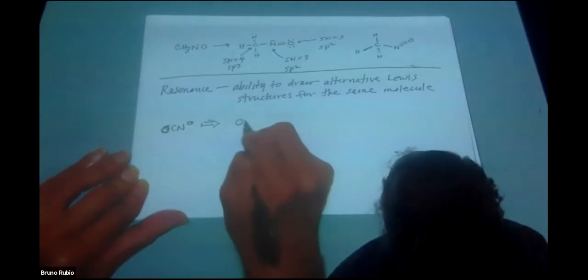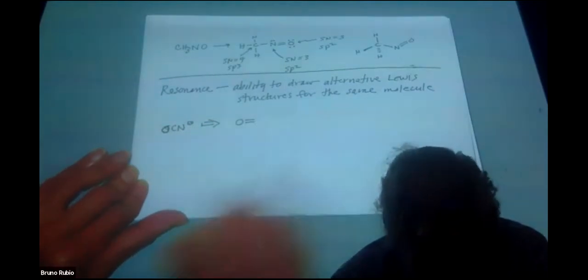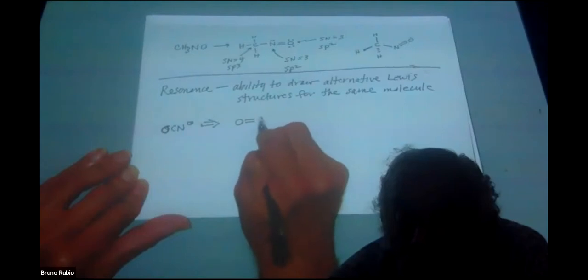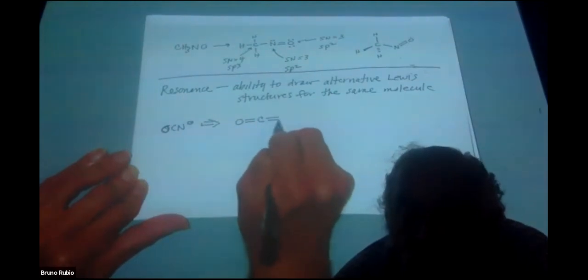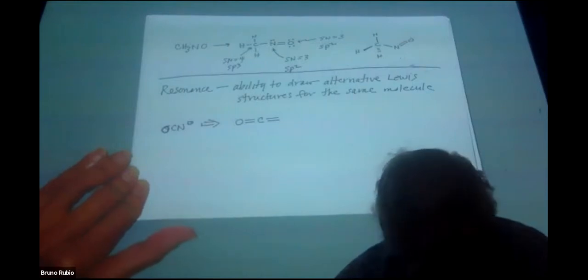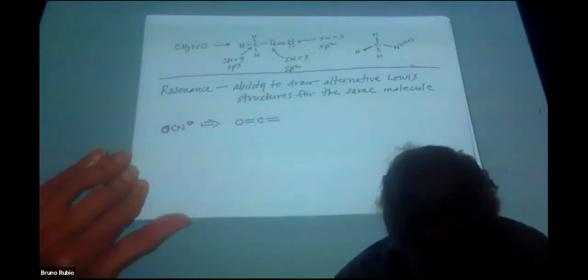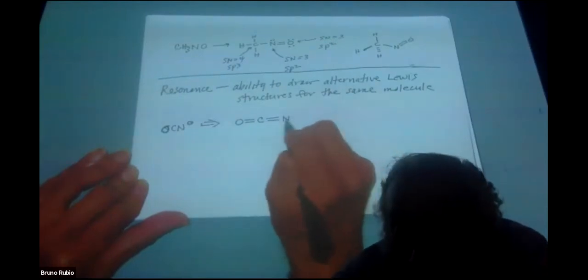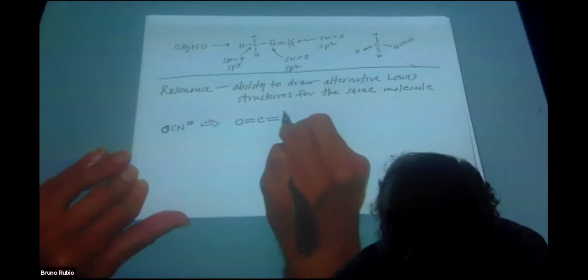All right, so oxygen forms 2 bonds when it's neutral and has an octet of electrons. Carbon forms 4 bonds when it's neutral and has an octet of electrons. And nitrogen forms 2 bonds when it has an octet and has a negative charge on it, right?